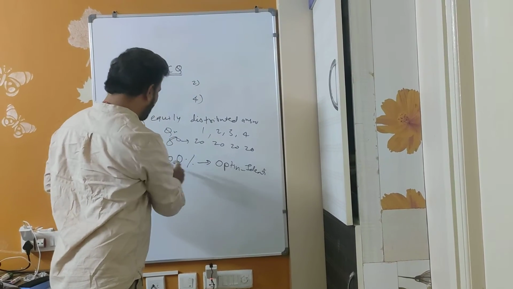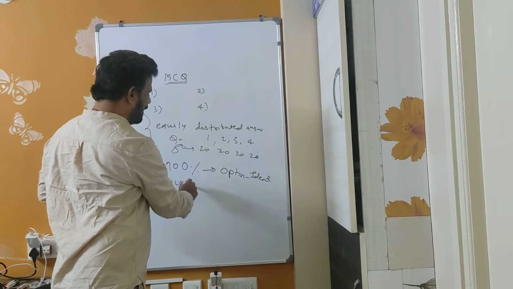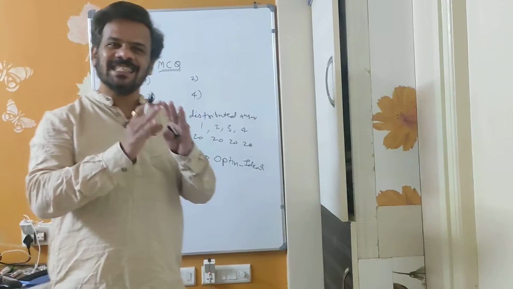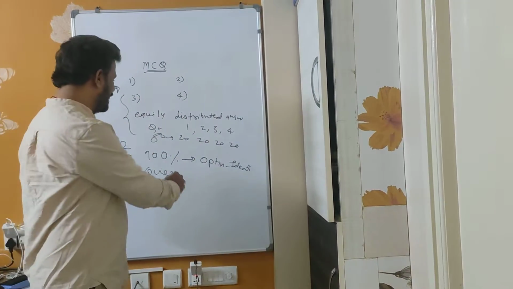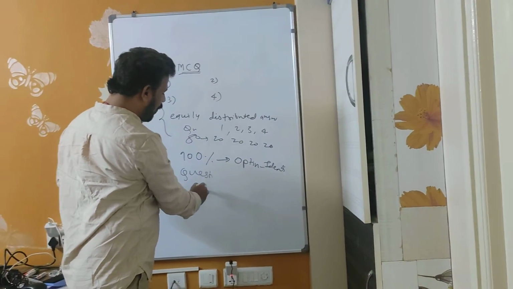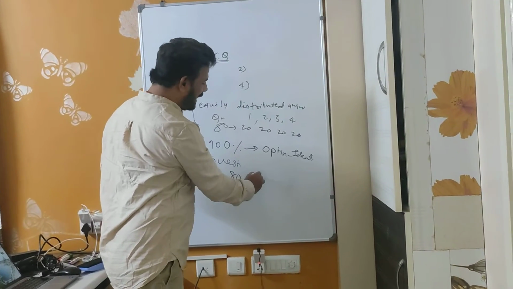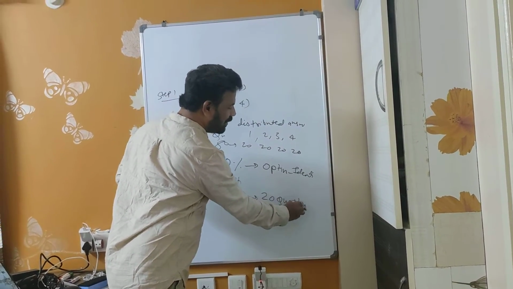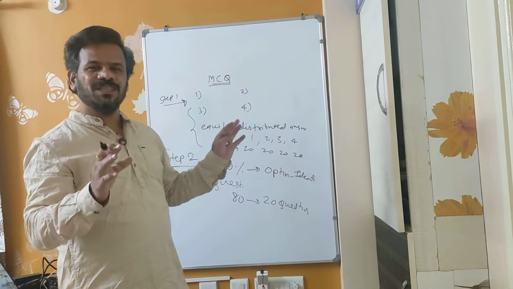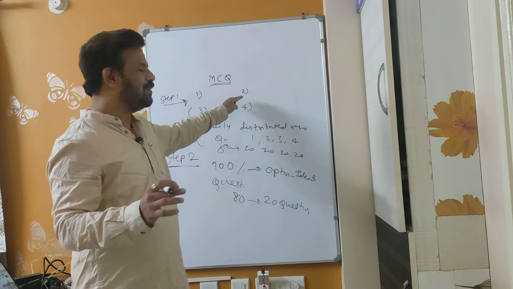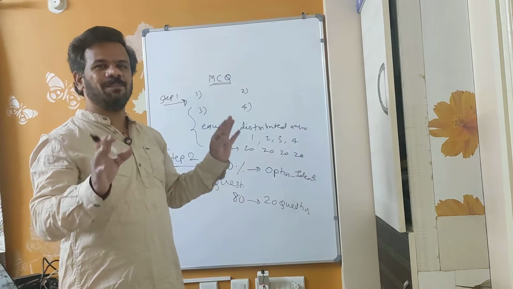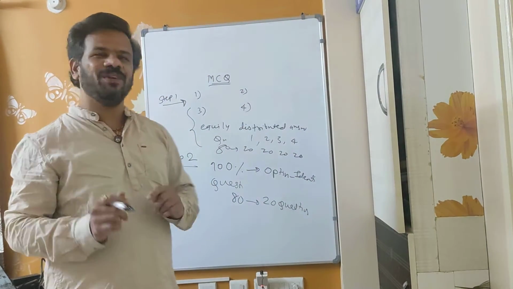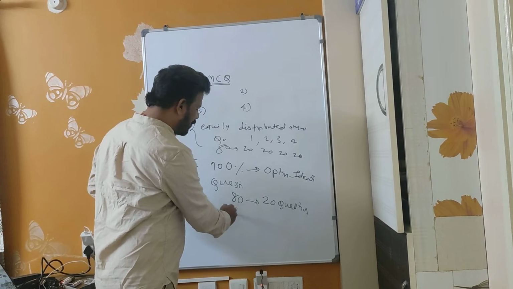So identify questions for which you are 100% sure of the options. Let's take an example that out of 80, you identify 20 questions where you know 100% the option, whether option 1, option 2 or option 3. Now you are left with 60 questions.